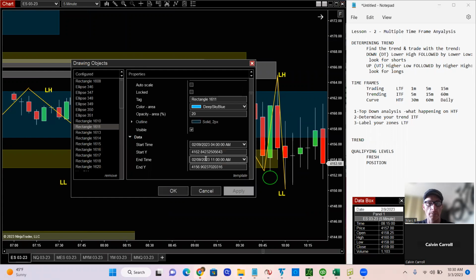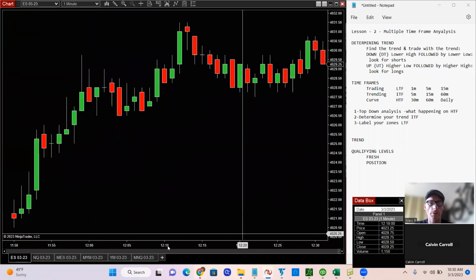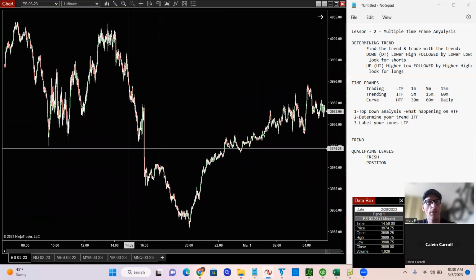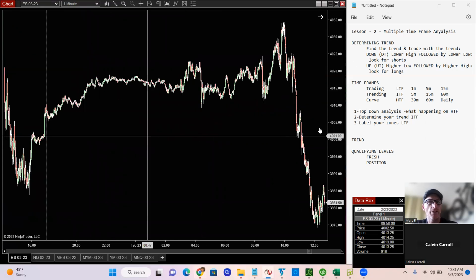I will actually cut that off again, just for my reference and context, just to remind me that there was a higher time frame level there that price took out. All right, so again, we're day trading. We're trading 1-minute levels. We're looking for places to get in and out. We're an hour in, so I'm going to start wrapping this up soon.